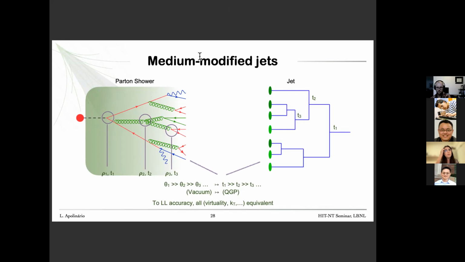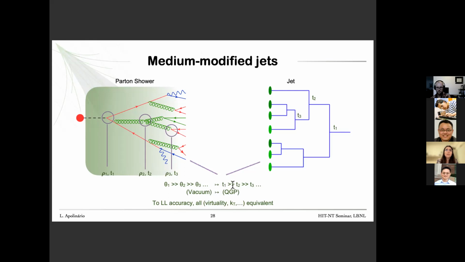And of course, for the parton showers, all these questions, whether it's kT or virtuality ordered, at leading log accuracy, they are all equivalent. Of course, in practice we know that there are violations of these leading log behaviors, and this is where the differences between all the Monte Carlos will arise.